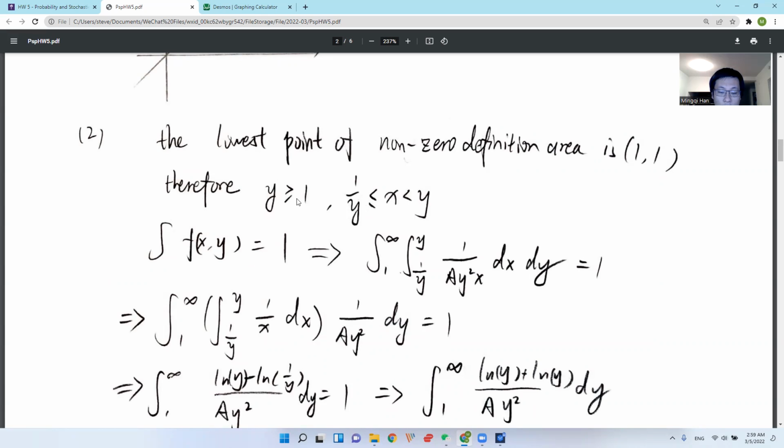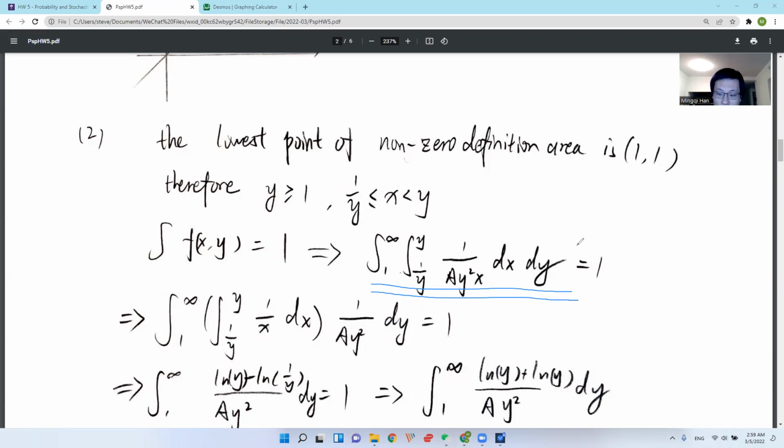We have here y larger than 1, and x between 1 over y and y. We have this equal to 1, like I said. Here it's basically doing the integration first over x and then over y.